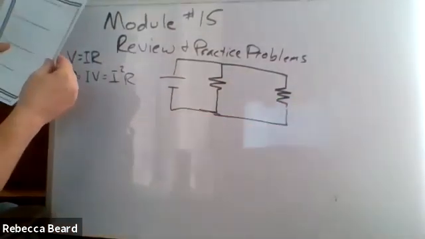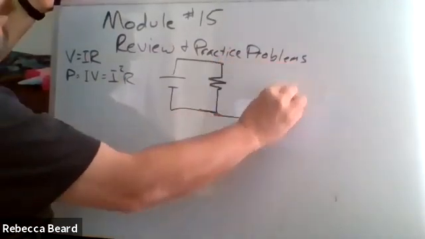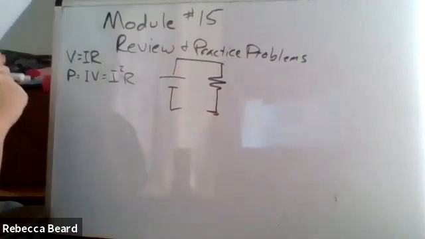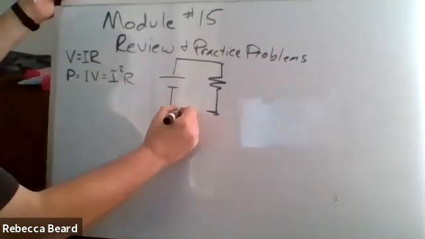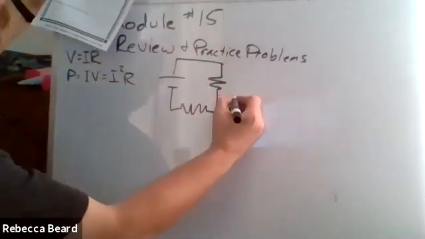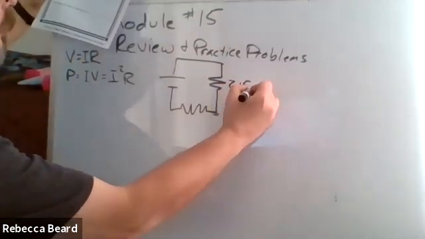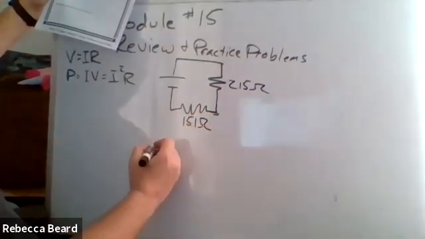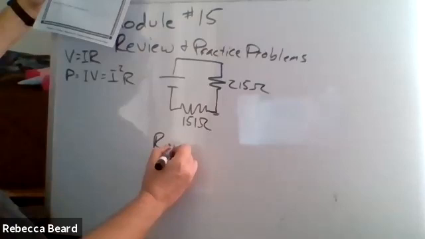The next problem, we're in series. So I'm going to get rid of this branch and we're going to put a resistor right here. 215, the same 2 resistors. So that one's 215, this one's 151. What is the effective resistance in a series circuit?